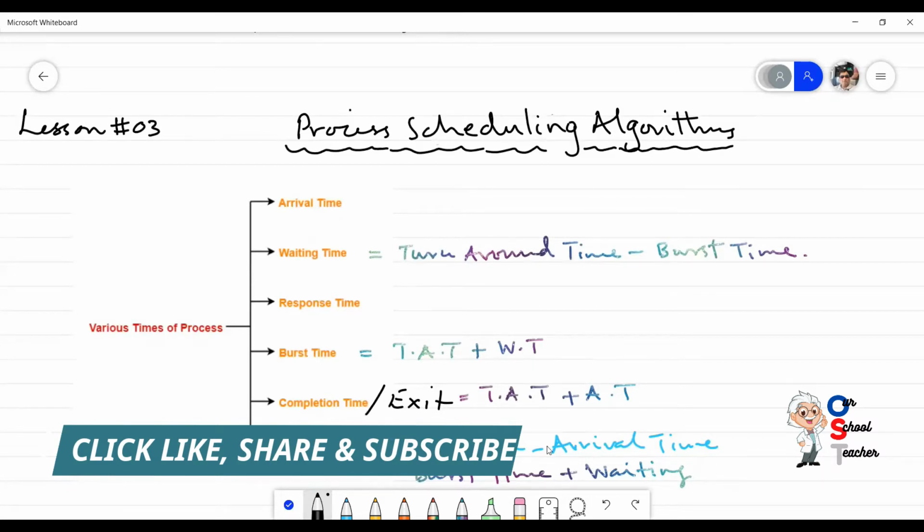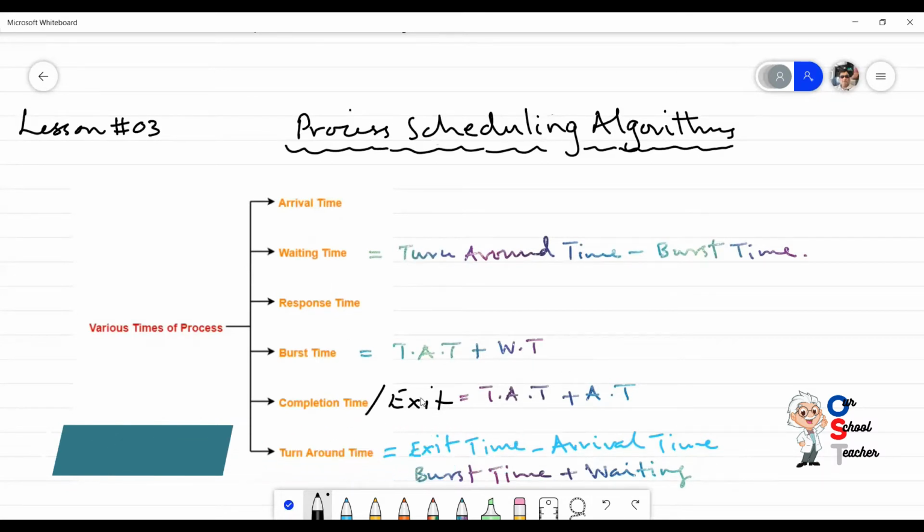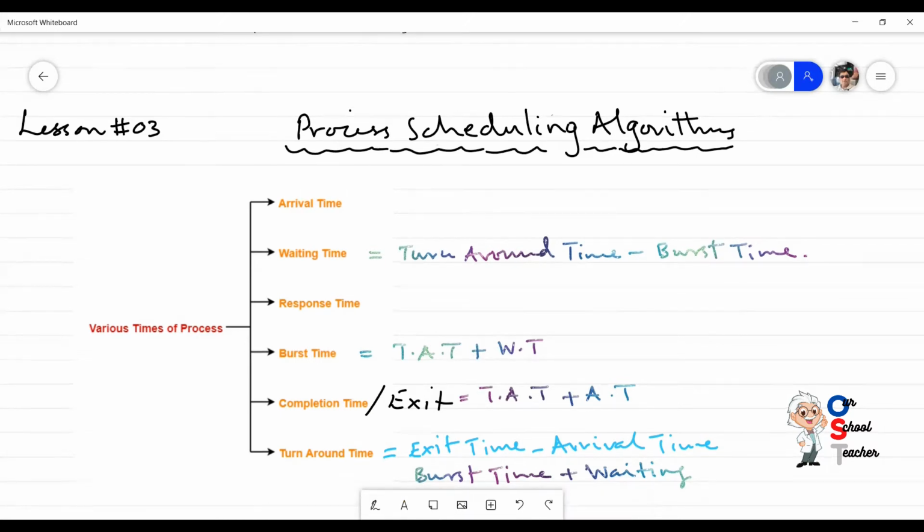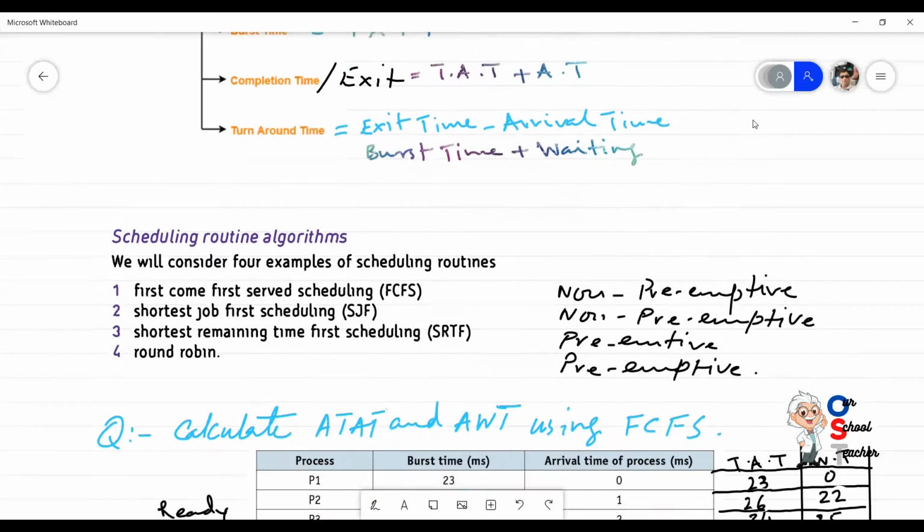Then using the same formula, we can calculate waiting time also. Waiting time is turnaround time minus burst time. Similarly, burst time is equal to turnaround time minus waiting time. And completion time or exit time is equal to turnaround time plus arrival time. So you have to keep these times and formulas in your mind and make the concept very clear, because we have to use them when we solve numericals.